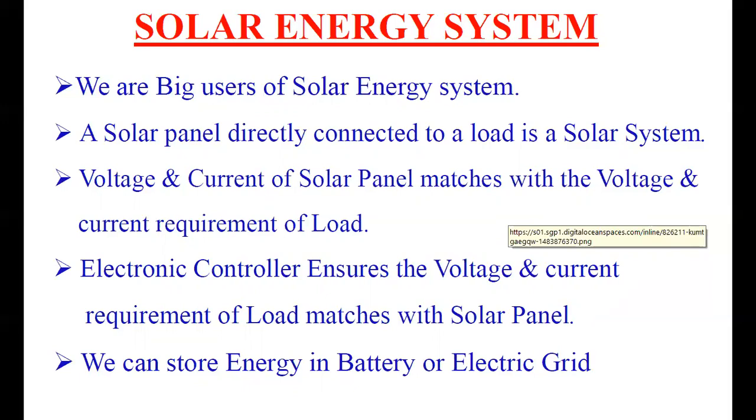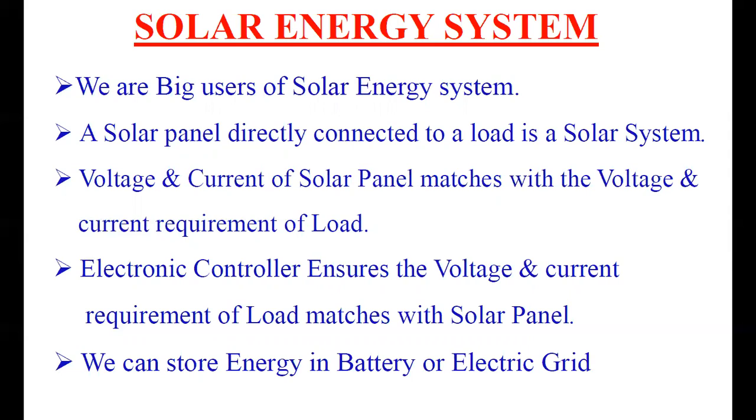So the voltage and current of the solar panel, or the power rating of the solar panel, will match with the voltage and current requirements of the load. So that is the condition for a working solar panel. If it is directly connected to a load, and the power rating or voltage and current rating of the solar panel match with the requirement of the load, it will work perfectly.